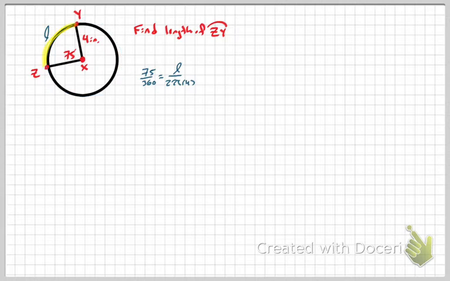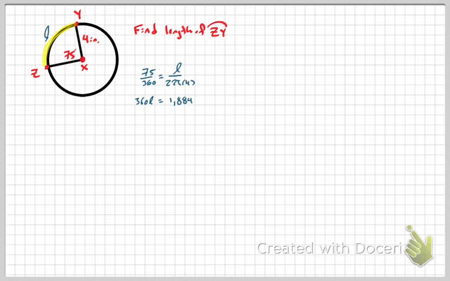And so what's nice is I can do 360 times L, cross multiplying. And in my calculator, I can do 75 times 2 times 3.14 times 4 all at one time. That gets me 1,884. So literally, I just did 75 times 2 times 3.14 times 4 all at once in my calculator.